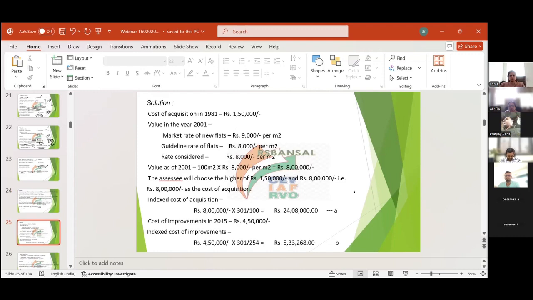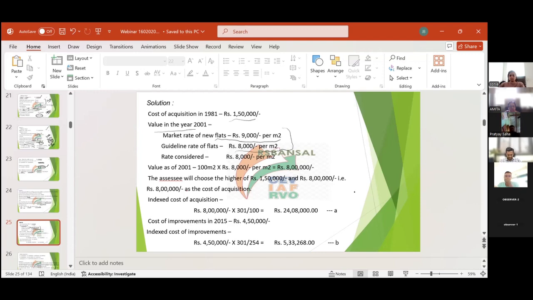Cost of acquisition in 1981 is 1,50,000, and the value in 2001, the market rate of new flats, is 9,000 per square meter, and the guideline rate is 8,000 per square meter. Of course, you will be considering the lower of the two. It is 8,000 per square meter.